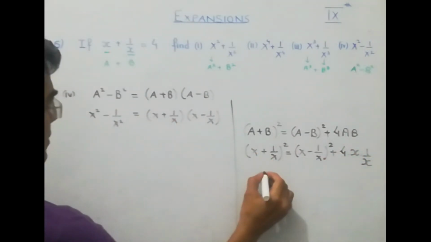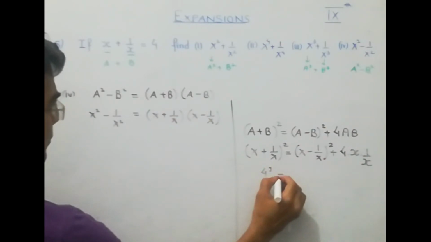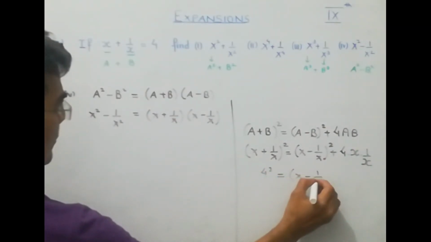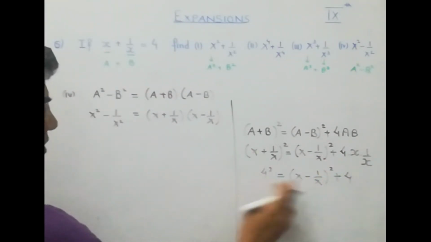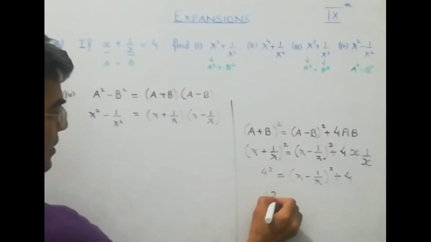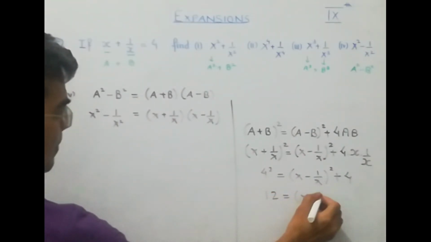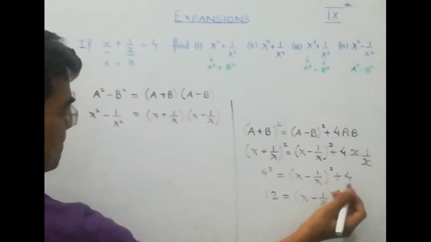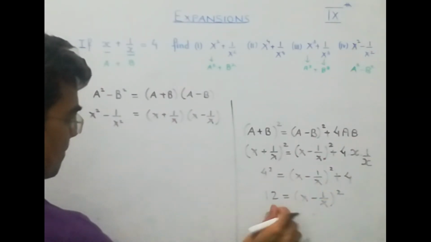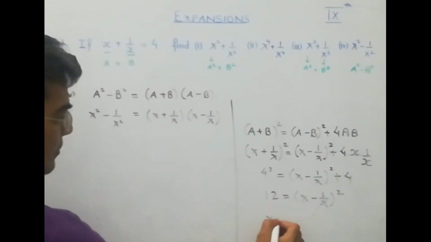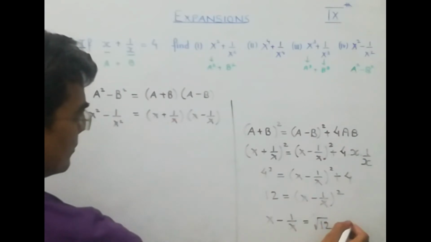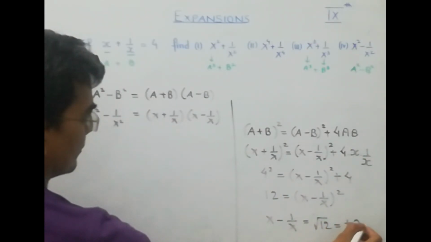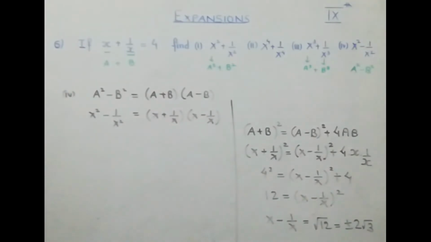So here x plus 1 upon x is 4. So this will give you 16 minus 4. So that will make it 12. So if you take the square root of it, we have got the value for x minus 1 upon x.